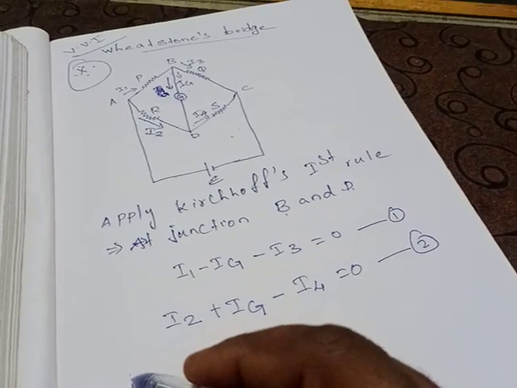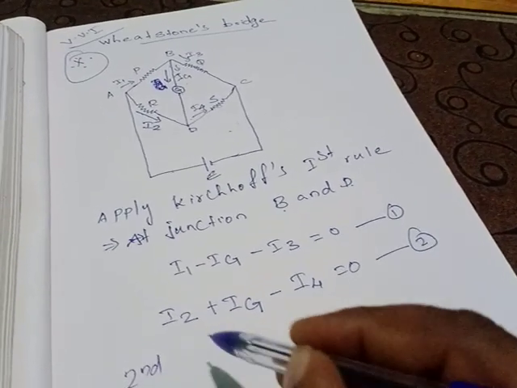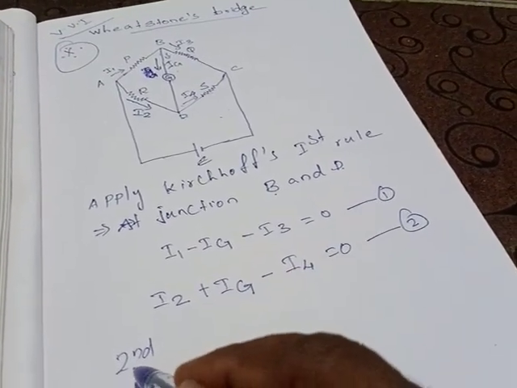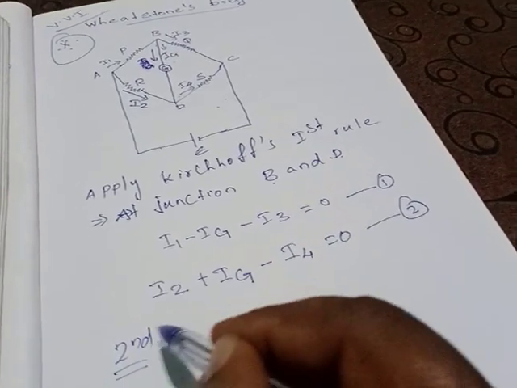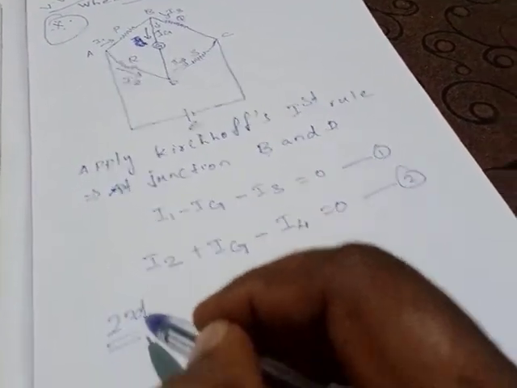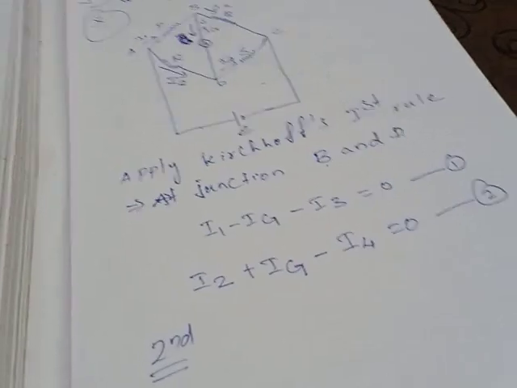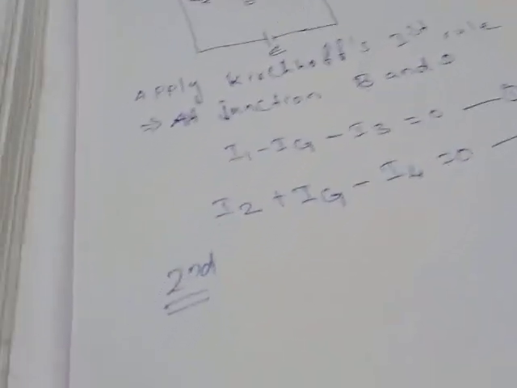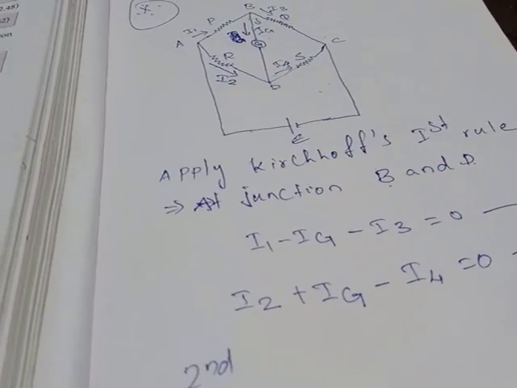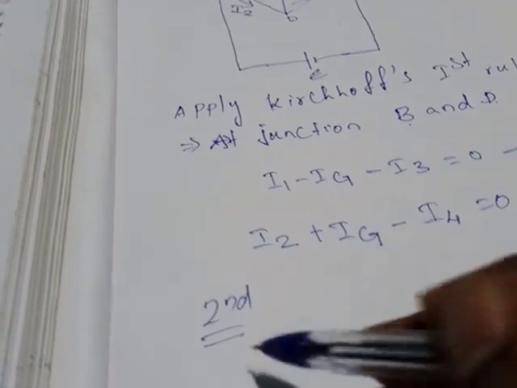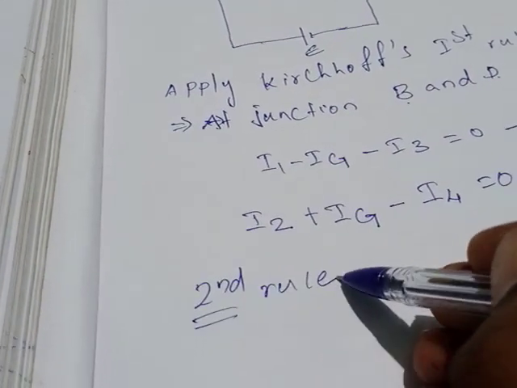Now Kirchhoff second rule. The second rule we have to apply in a closed loop, okay? In a closed circuit. That is what is called the voltage rule, or we can call it the loop rule. So in a closed circuit only we will use the second rule.